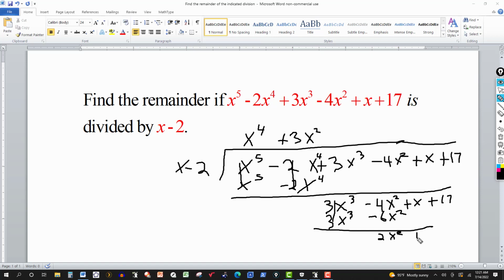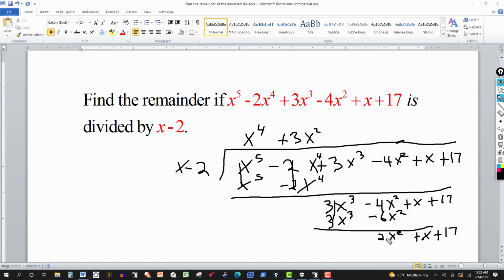We're subtracting 0 from those, so bring them down, plus x plus 17, and then we continue. You keep dividing until the degree of the remainder is less than the degree of the divisor. So we continue to divide here.